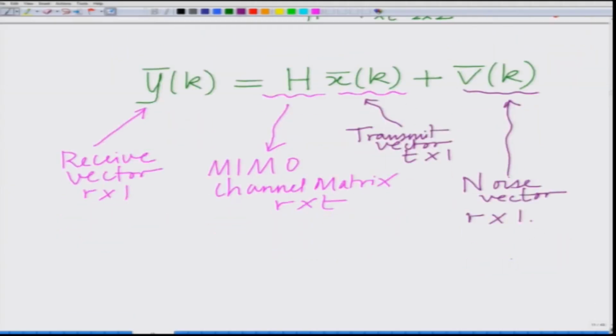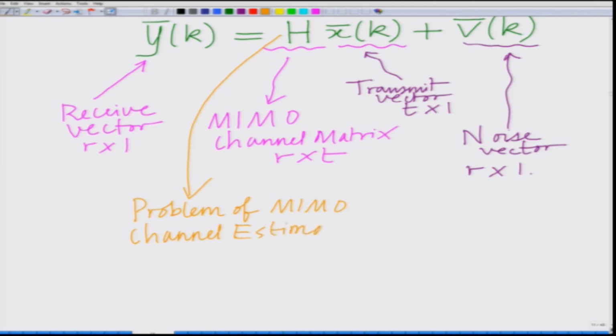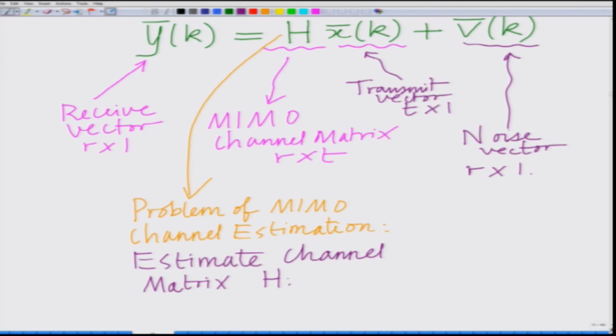Therefore, the problem of MIMO channel estimation, if I can motivate it better, is to estimate this channel matrix H.